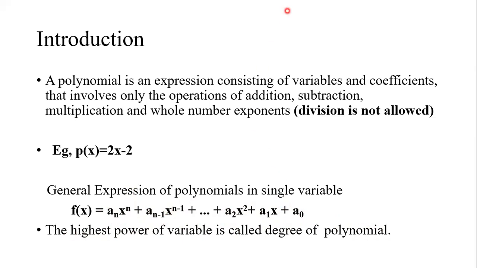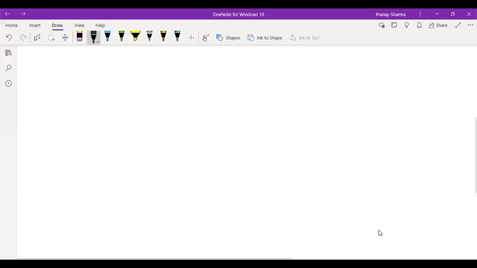So let us move to our OneNote. Fine, let us have a look here. We were defining what we understand by the degree of a polynomial. Let us consider a case. Suppose somebody asks us to define the degree of this polynomial, denoted p of x. You can also have q of x.